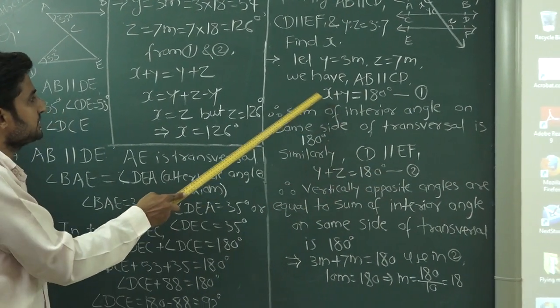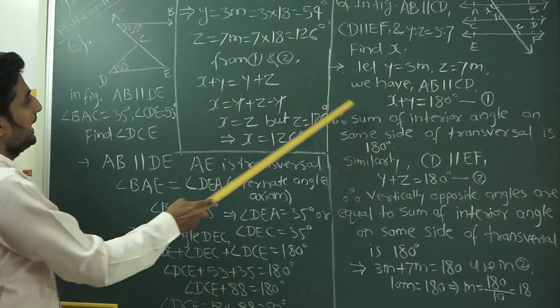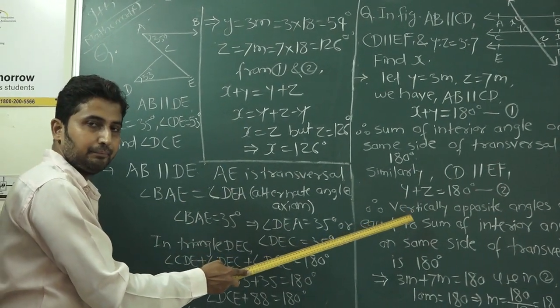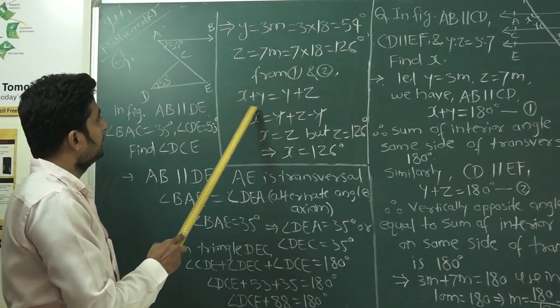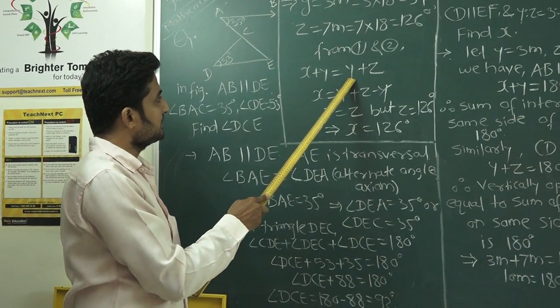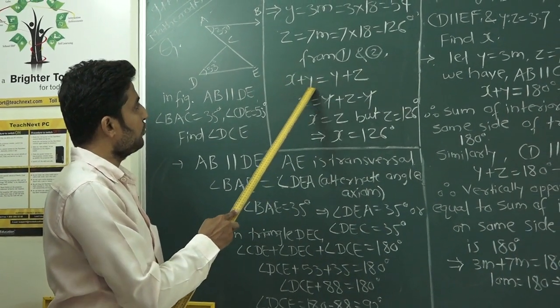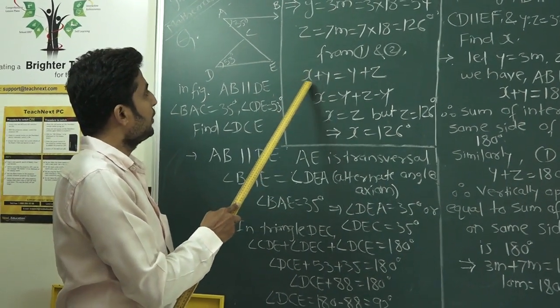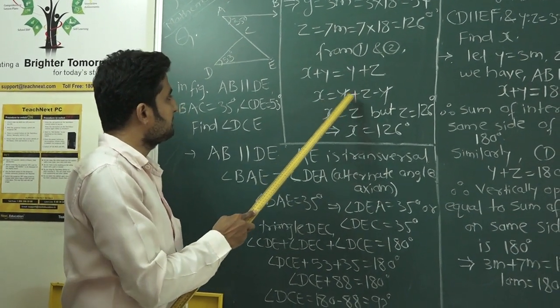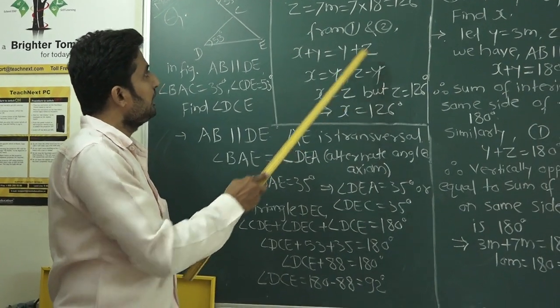So what we get here, dear students, is x plus y is equal to y plus z, right? So this plus y is cancelled with the other y when we shift it. What we get here is x equal to z. But here, what is z?